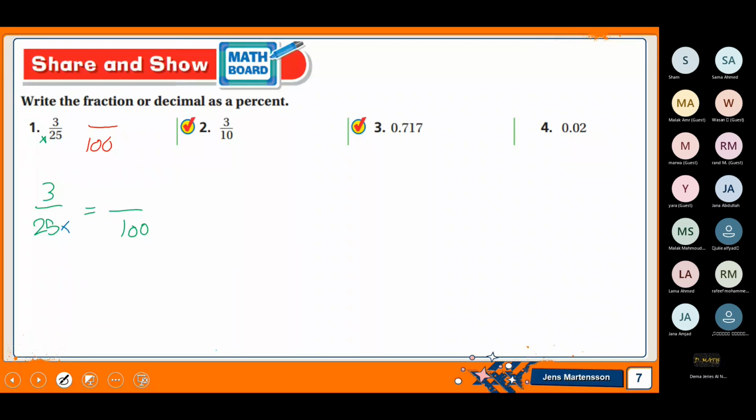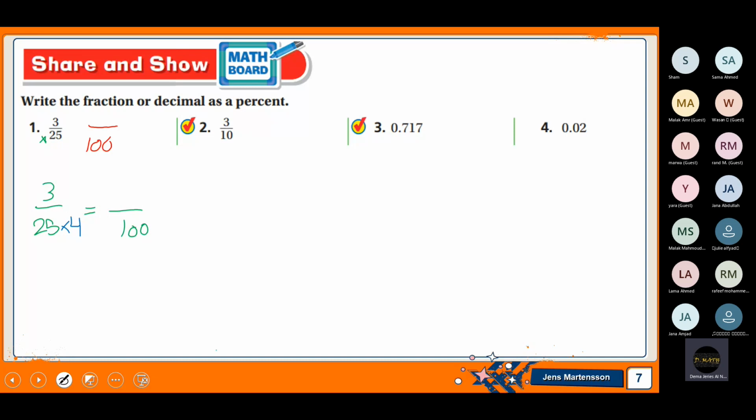Is it 1? 1 times 25, no. 2 times 25, 50. 3 times 25, 75. 4 times 25, 100. So you multiply the denominator 25 by 4, you get 100.